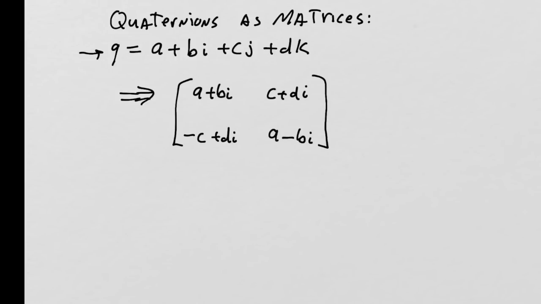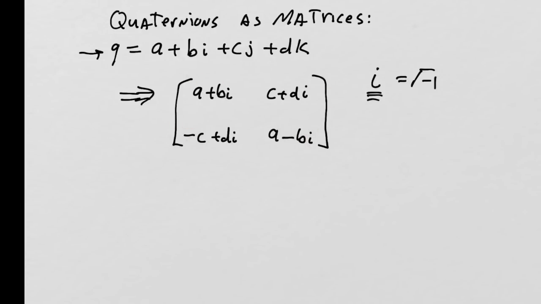This matrix here is a matrix of complex numbers. So i is now just the complex number, the square root of -1, right? Each of these elements is actually an element of the complex numbers. So I've created basically a 2x2 matrix with complex entries.